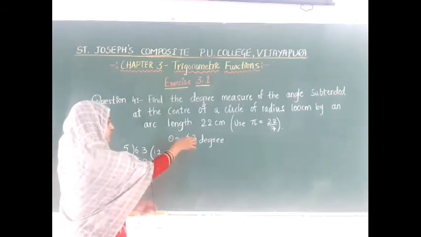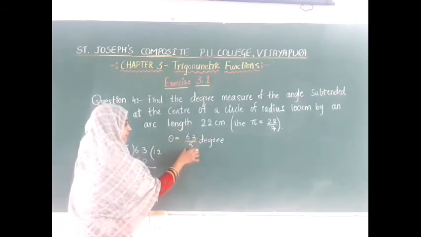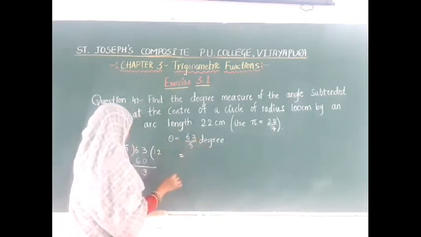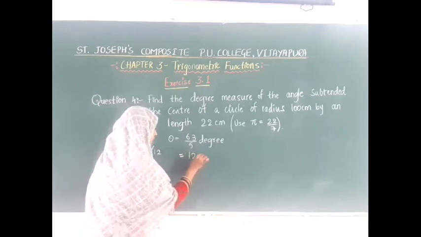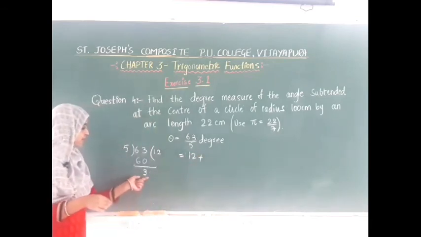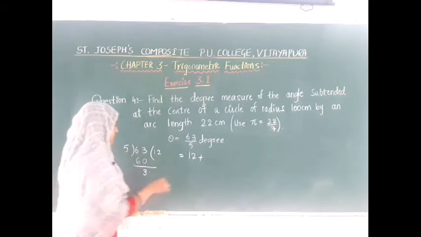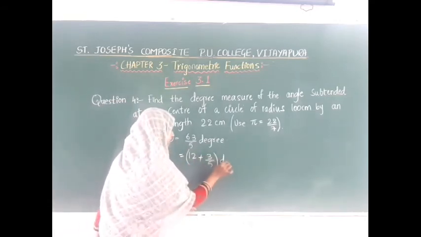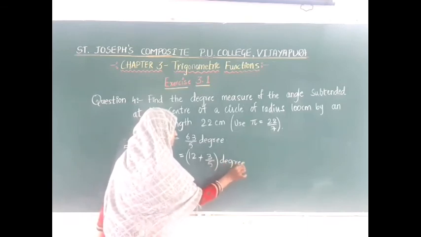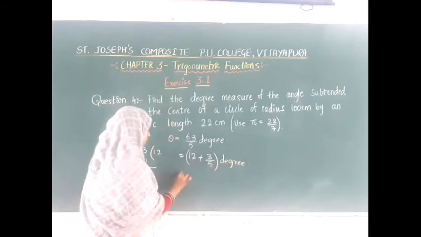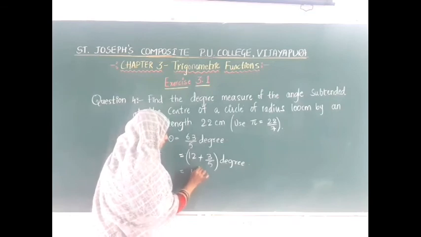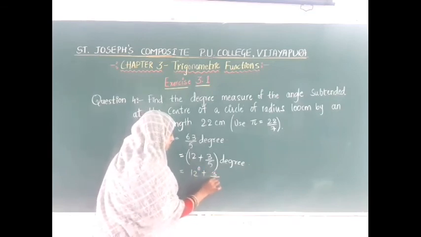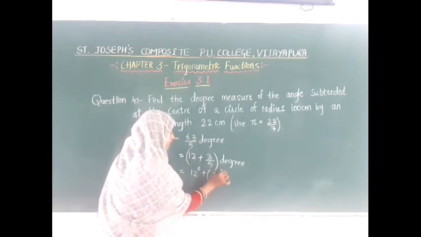So theta is equal to 63 by 5 degree, which can be written as 12 plus remainder divided by divisor, 3 by 5 degree, which is equal to 12 degree plus 3 by 5 degree.